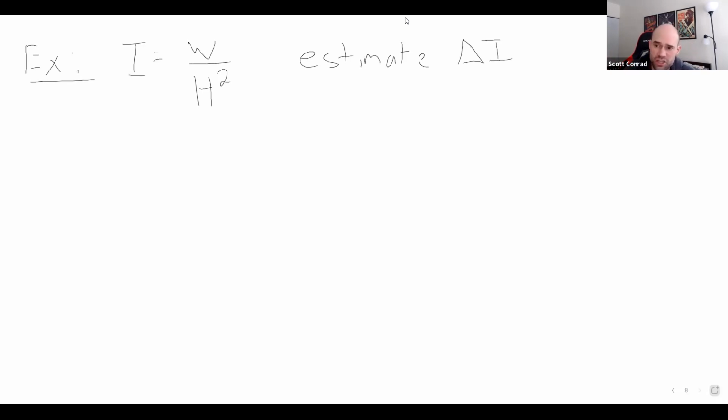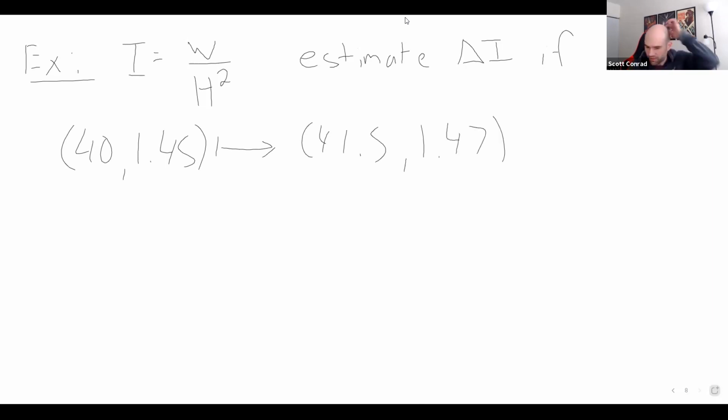So let's estimate the change in BMI if we go from 40 kilograms, 1.45 meters height, to 41.5 kilograms and 1.47 meters height. Of course, they couldn't give us nice numbers. Lovely.